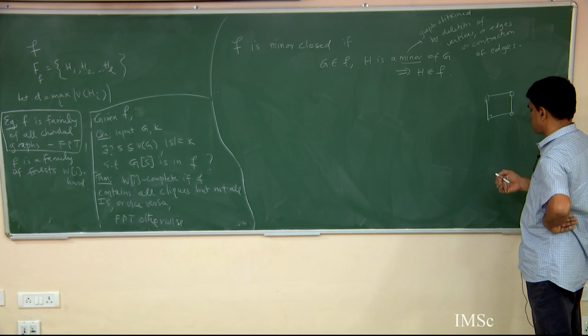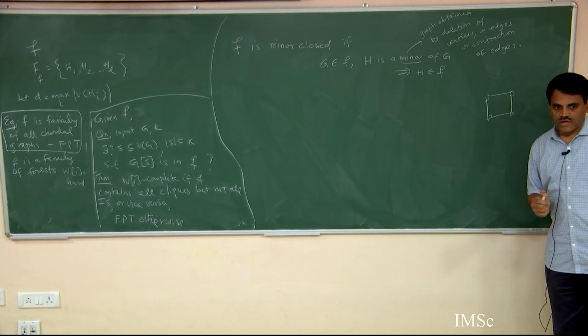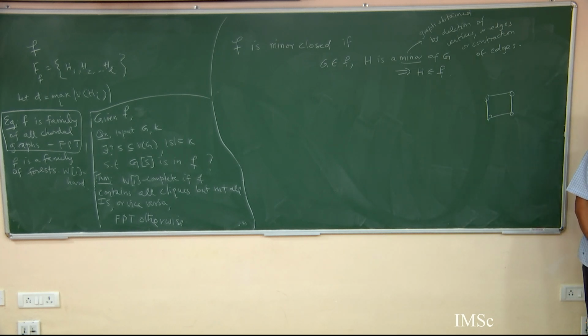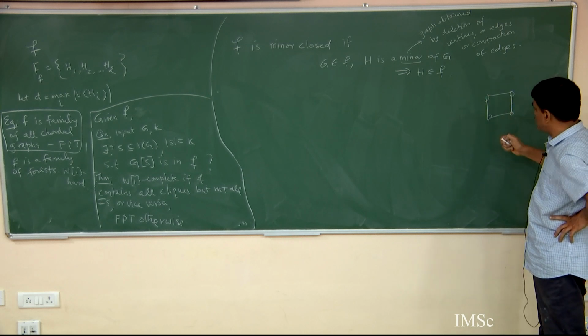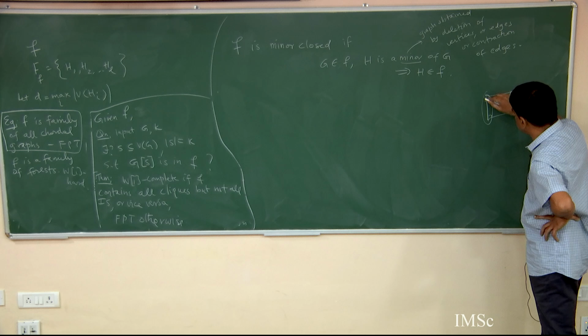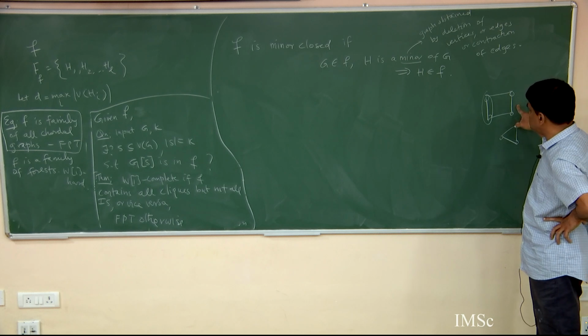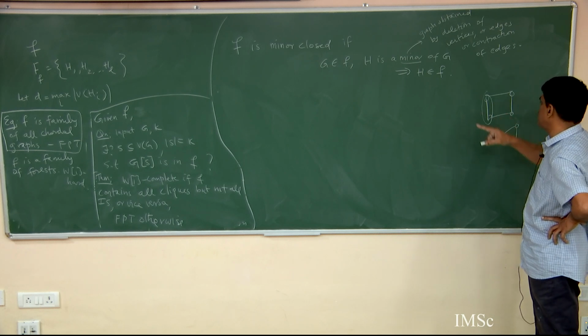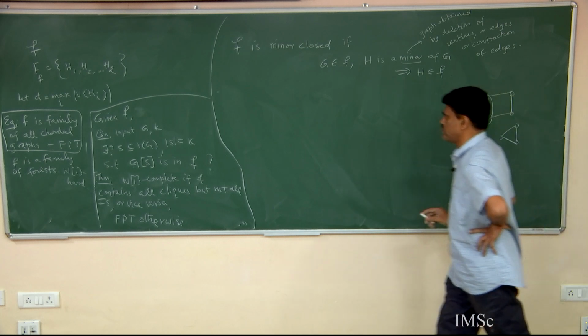This is a bipartite graph, but I could contract this edge, and what do I get? I get this, right? So G is in the family, H is a minor of G, but H is not in F. So bipartite graphs are not minor closed.